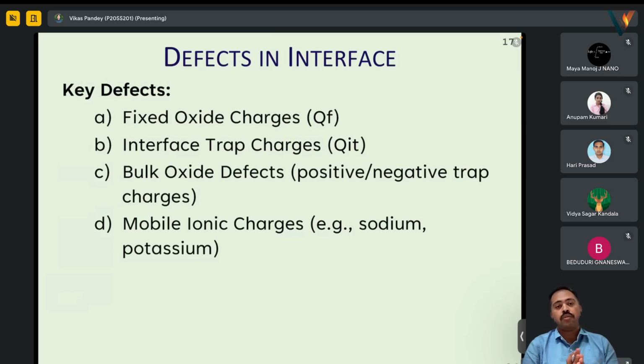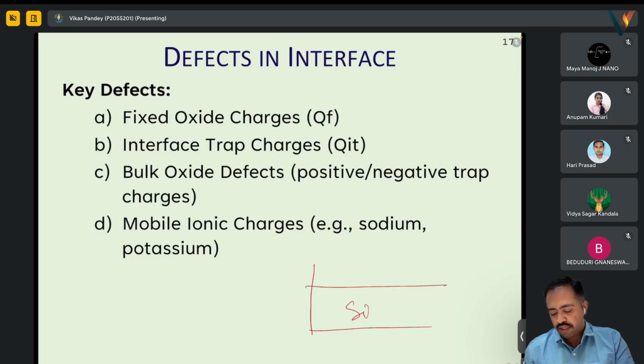Okay, so now let's come to defects in interface. We have seen that we are growing SiO2 on Si, so there is an interface between Si and SiO2.